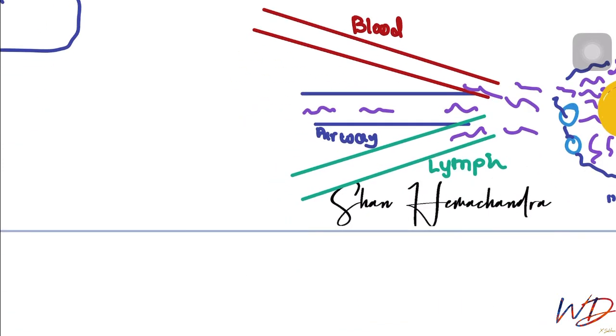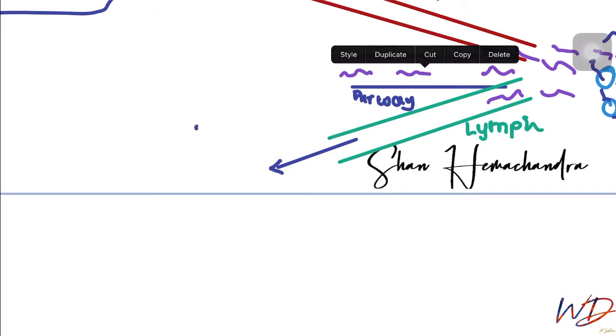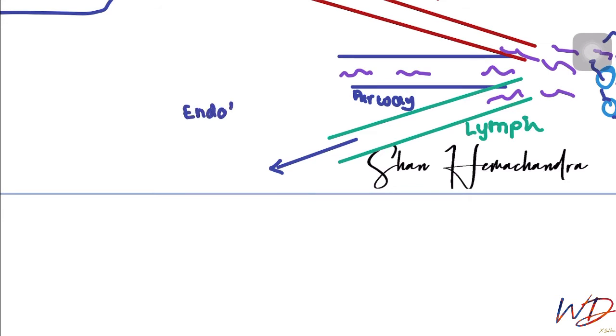Next, it can go through lymph and especially to the regional lymph nodes. That is, in areas such as, give me a second, the larynx, the pharynx, all those areas will have endobronchial, endotracheal and laryngeal. This is for lymphatic spread.